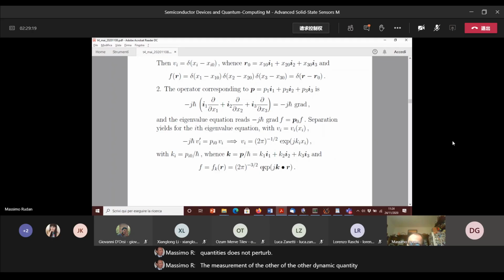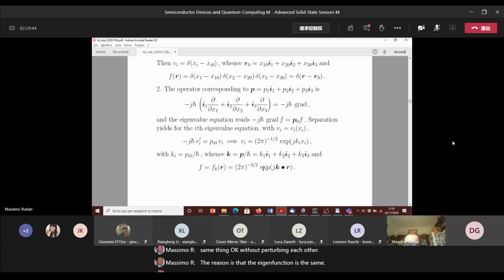So we may have fun for a free particle. We may continue to measure momentum and energy, momentum and energy, momentum and energy forever. We shall keep finding the same thing, without perturbing each other. The reason is that the eigenfunction is the same.